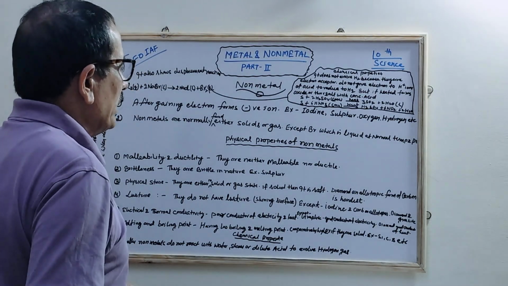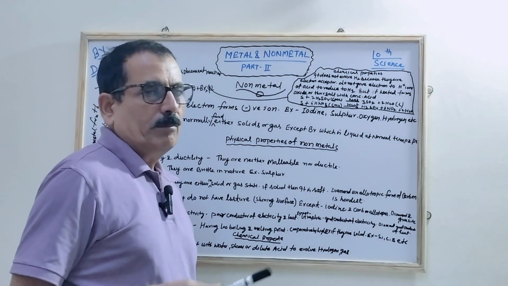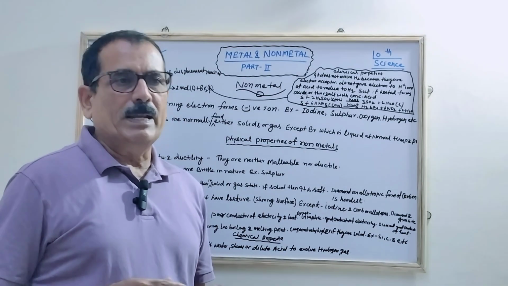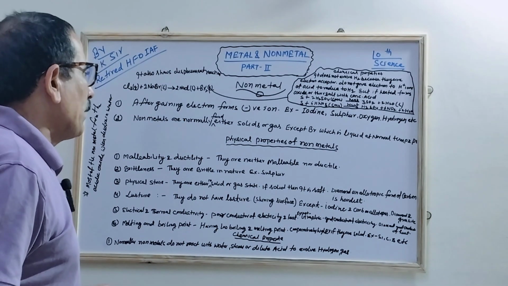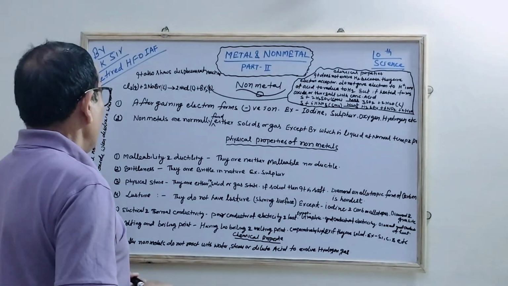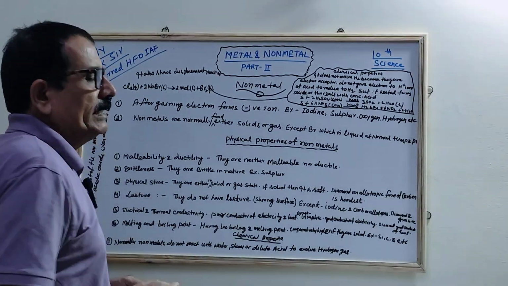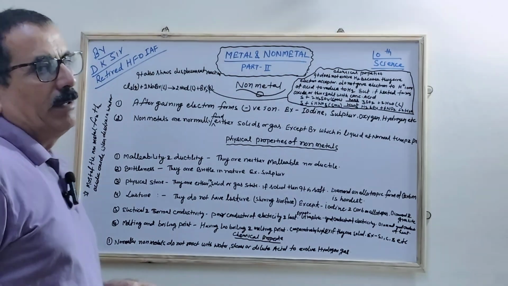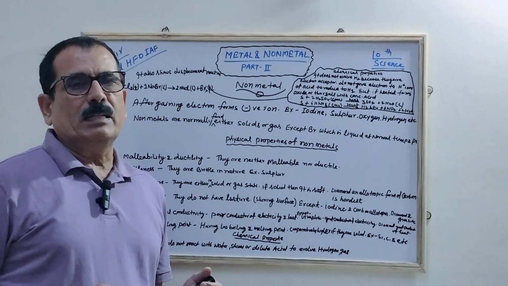Now we will talk about the physical properties of the non-metal. We have already discussed the physical properties of the metal. Now we are going to study the physical properties of non-metal. The first is malleability and ductility. Malleability means when we hammer it, it becomes a thin sheet.